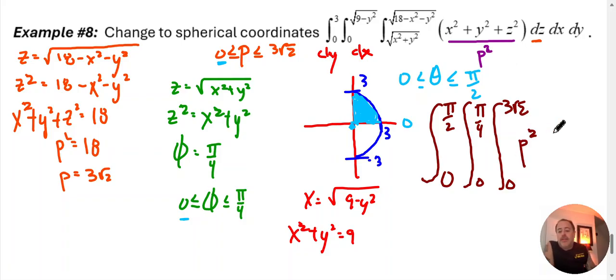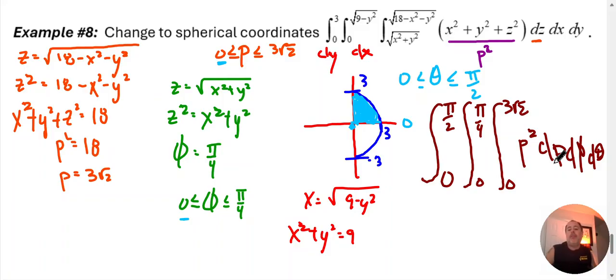I did this in terms of rho, then phi, and then theta. Usually I do theta next, but I switched it up this time, so again, these are interchangeable. That is all we have to do for this problem, and there we go.